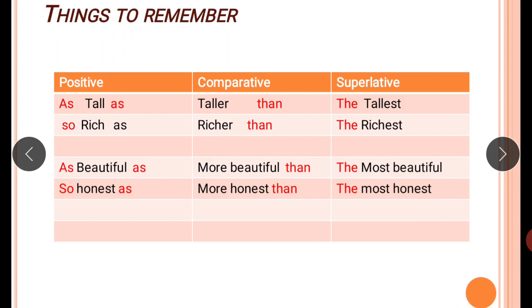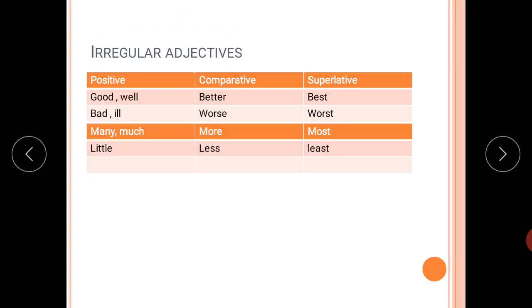So the comparative should always have the comparative form of the adjective followed by than. And the superlative is preceded by the definite article: the tallest, the richest, the most beautiful, the most honest. So the superlative degree should have that. Okay, don't forget: as or so as in positive, than in comparative, and the in superlative. Got it?